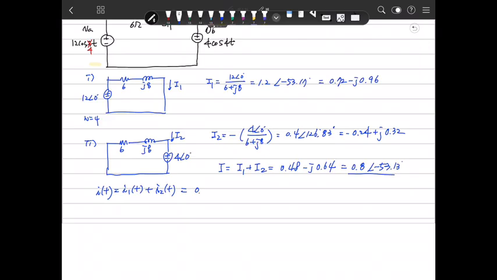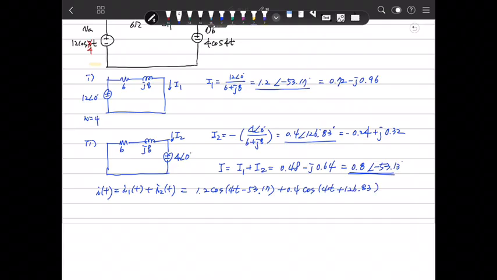Here, maybe from here, i1(t) is 1.2 cosine(4t minus 53.17), and from here plus 0.4 cosine(4t plus 126.83).